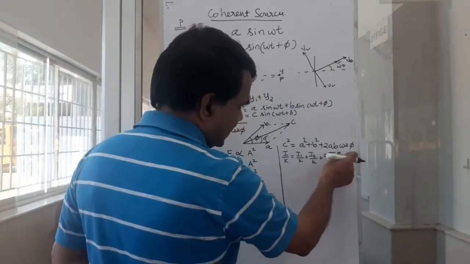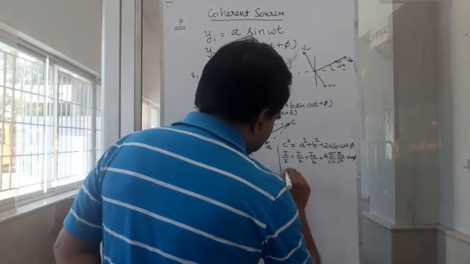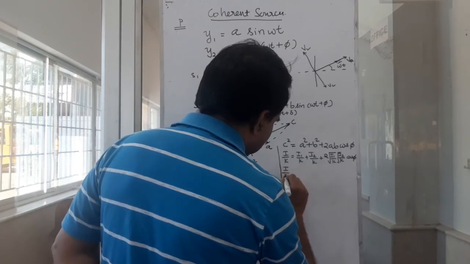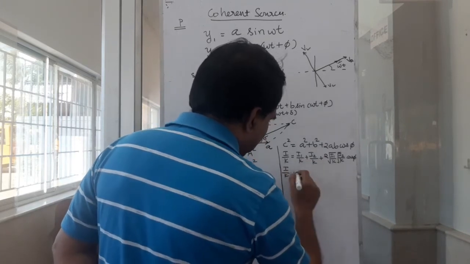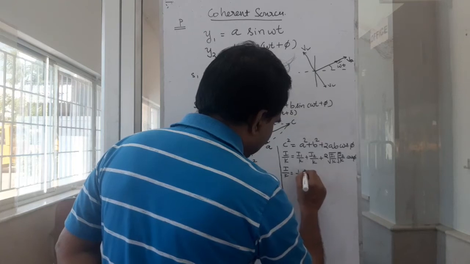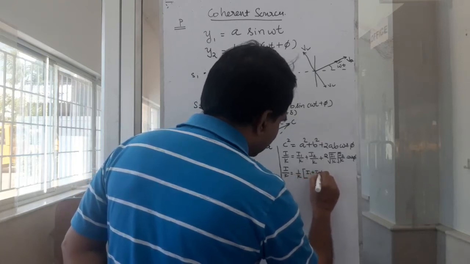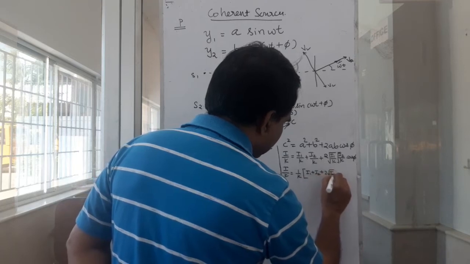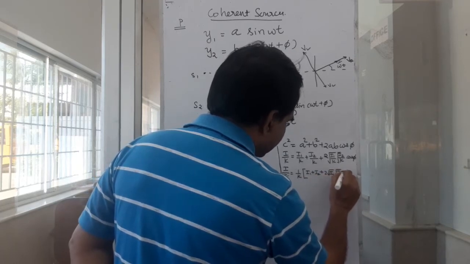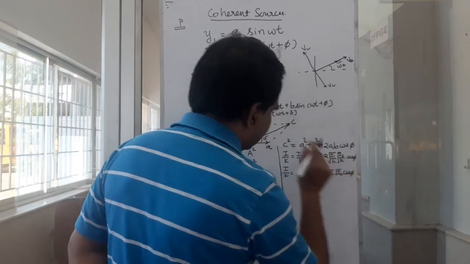So this root k can be taken out. So this becomes I by k is equal to, let me take all k out, 1 by k into I1 plus I2 plus 2 root I1 I2 cos phi.